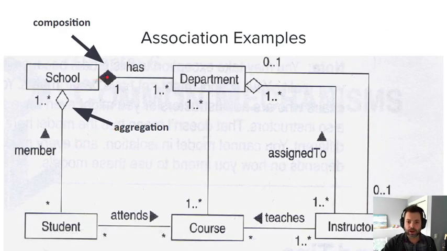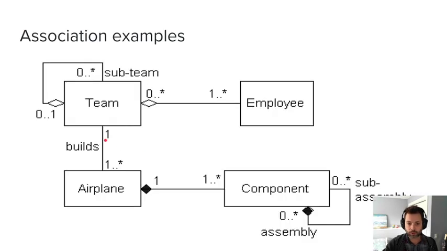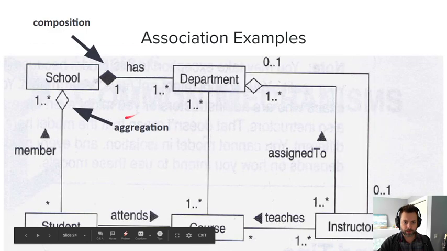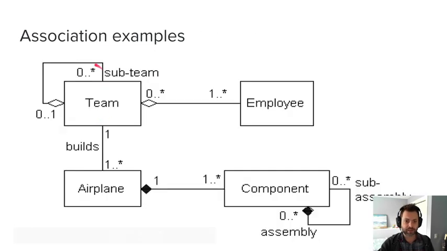So I left you with this example. I have another one here as well, where we just have different examples of association. Here we have some aggregations, some compositions. One thing which is slightly different is that we can have this feedback loop type of structure where we can do a self association.